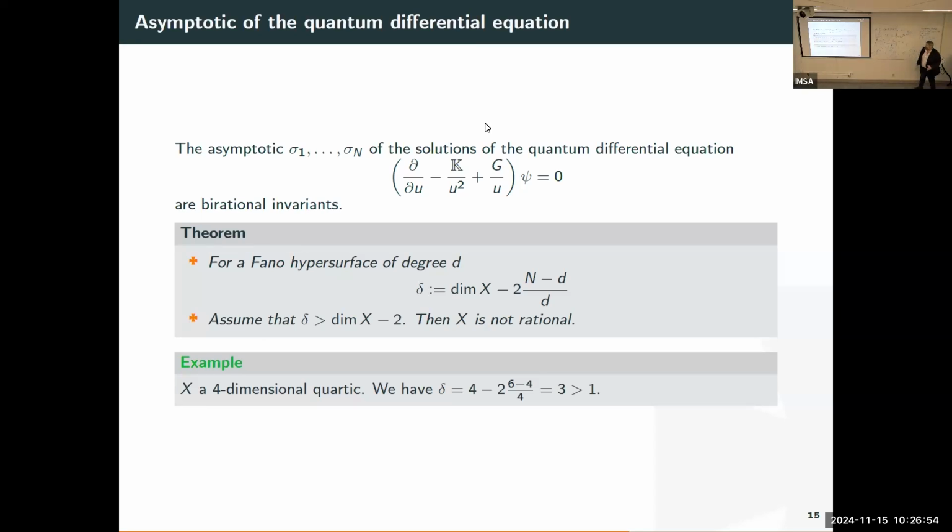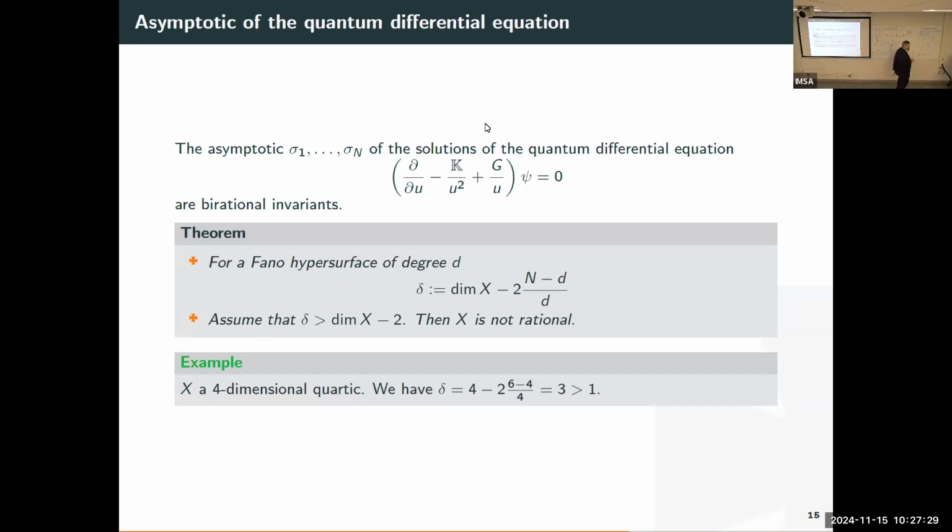So let's do the example of the three-dimensional cubic. So the dimension is 3, so the cubic is three-dimensional, we are in P4, we have 5 variables. So we have n minus 3 over 3. So 3 minus 4/3, so we have 5/3, and that 5/3 is certainly bigger than 1.